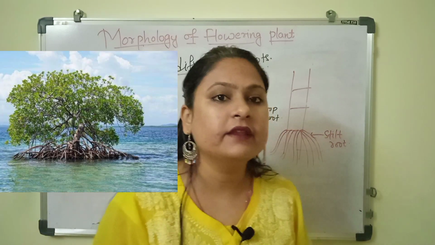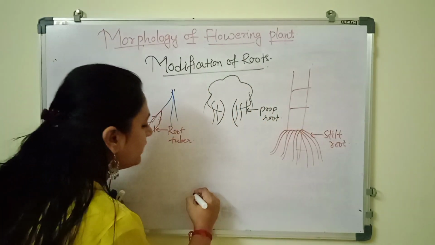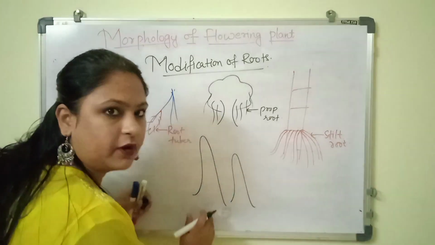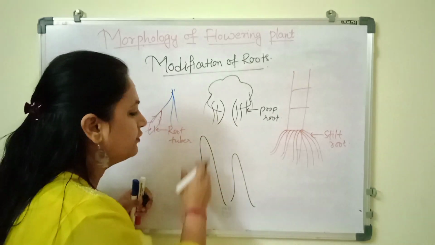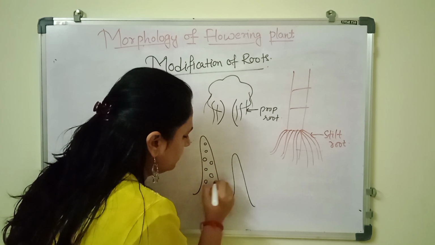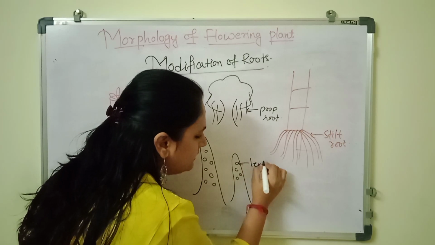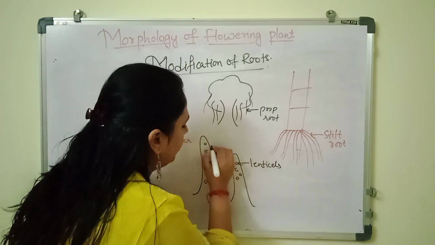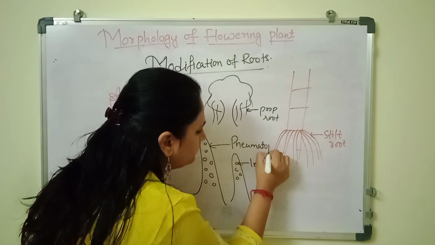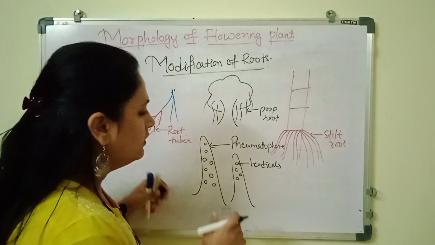In the Rhizophora plant, there is a special type of root which develops vertically upward from the ground, and it has numerous pores. These pores are called lenticels, and this root is called a pneumatophore.